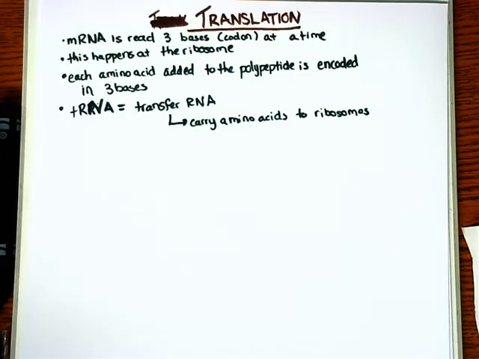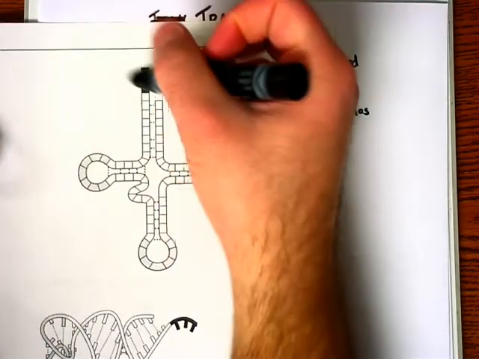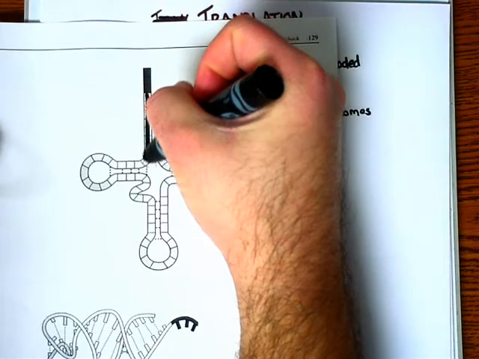And what I want to talk about today is just the structure of a tRNA molecule. And there's 2 different ways to draw it real quick. So I'm going to get you to draw down this picture, minus all the little boxes. So really I just want something that has this type of a shape.